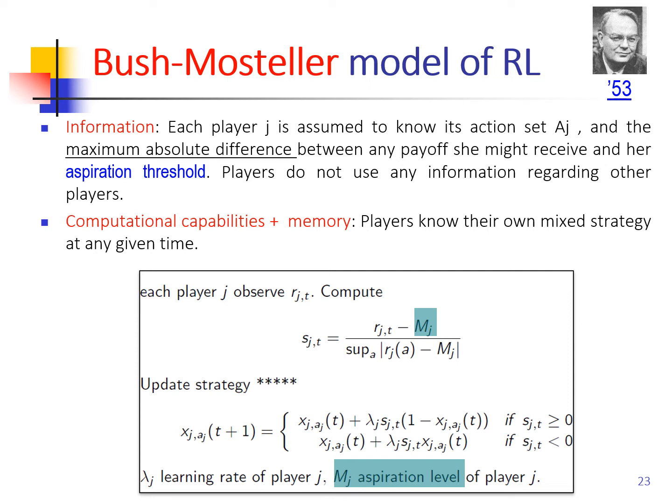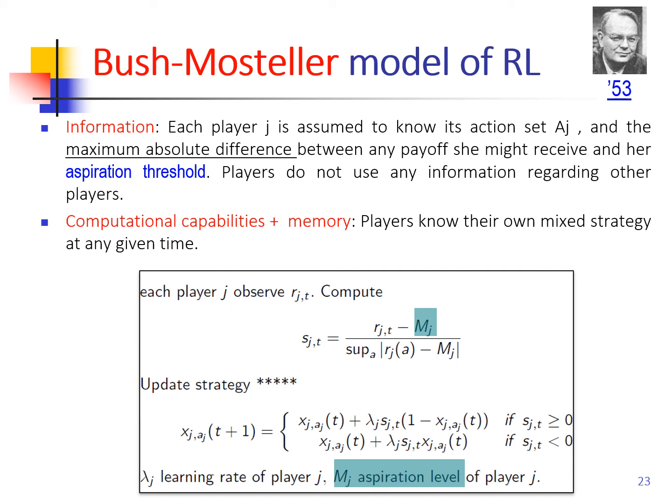This is not an issue. So now how does this work? Here, if you want to calculate the strategy, it will be a function of R_j(t). This is the reward that the player gets.